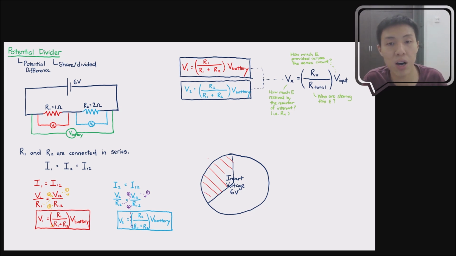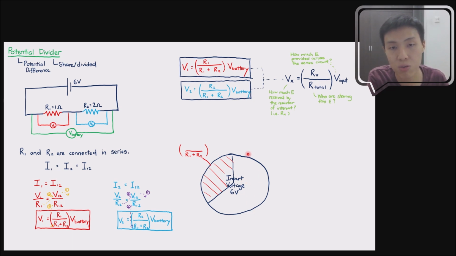So how do I know how much is being given to R1? Well, I know that all the energy here will be shared between R1 and R2. So I'm going to say this is actually R1 and R2. R1 and R2 will take completely that input voltage.